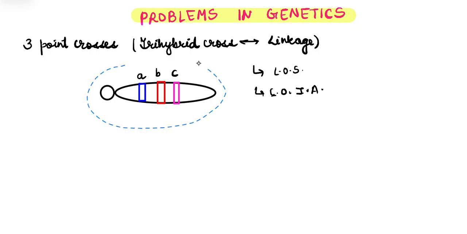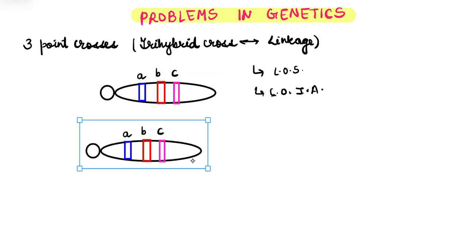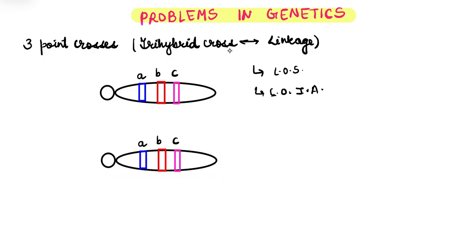While this segment of chromosome is crossing over with another segment of chromosome, wherein we have different forms of alleles, instead of A, B, C, let's say we have capital A, capital B and capital C.